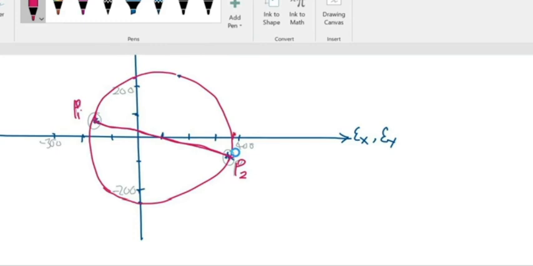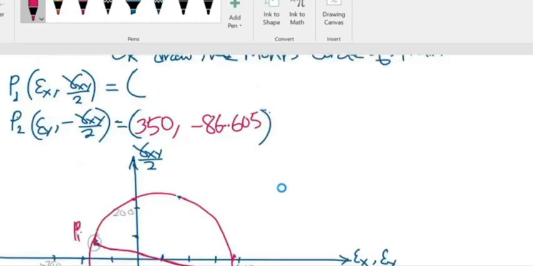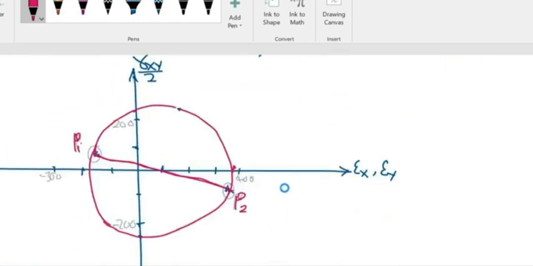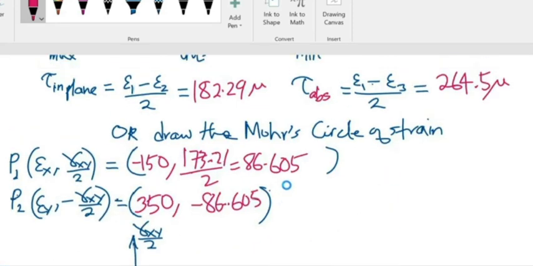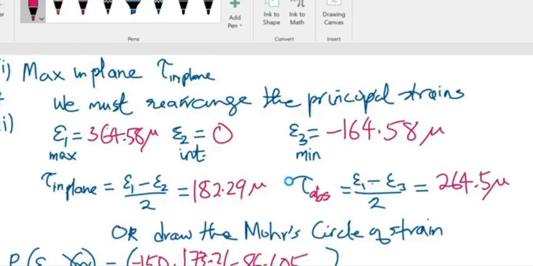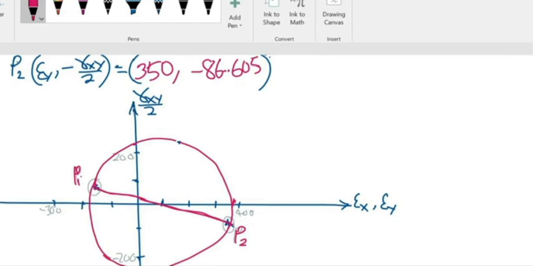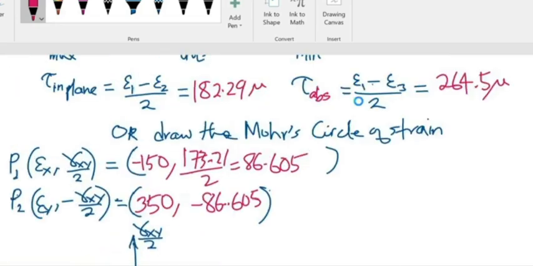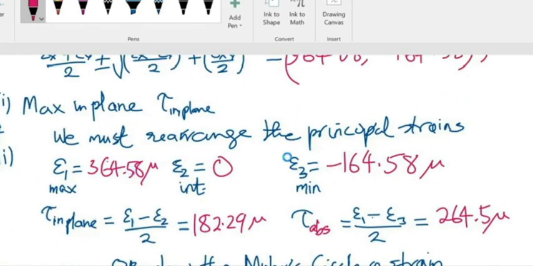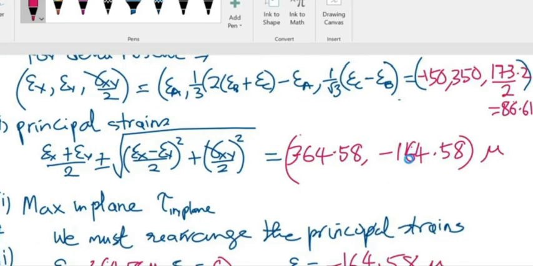This is our E1, which corresponds with, well, in this case, you are expected to use your mathematical sets. What are we having as our E1? It is 364. Here it also is, as before, you can see the result is close to 400. So this is our E1. And then let's look at our E2. We can see that our E2 is what? Our second principal strain is negative.